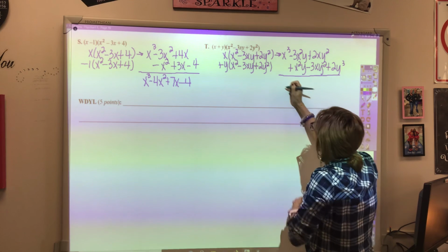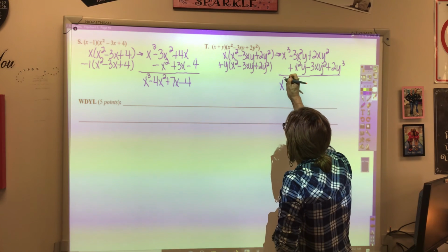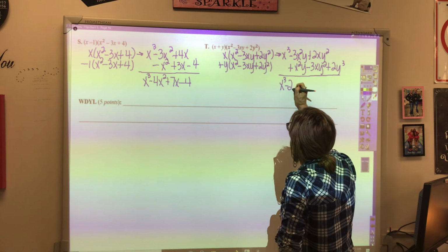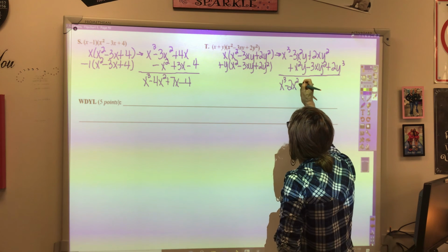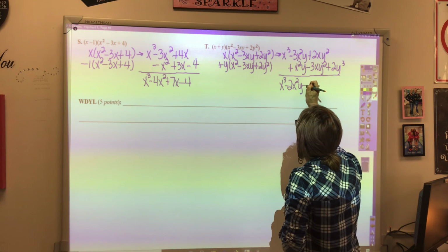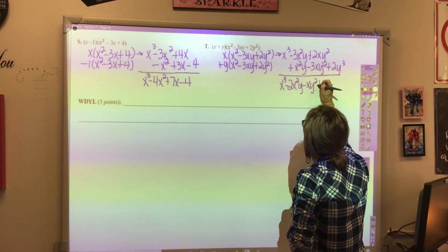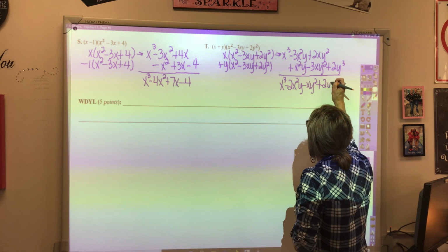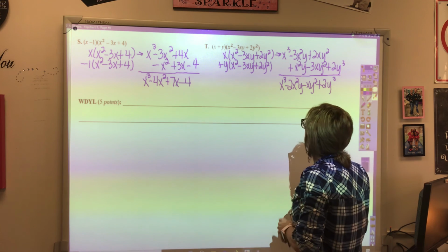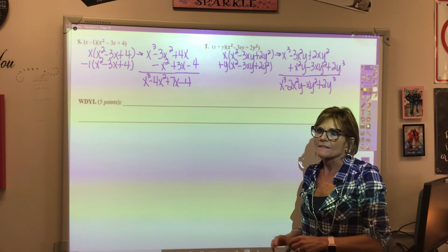So we would have x to the third minus 2x squared y minus xy squared plus 2y cubed. And it'd be fine to leave your answer like that.